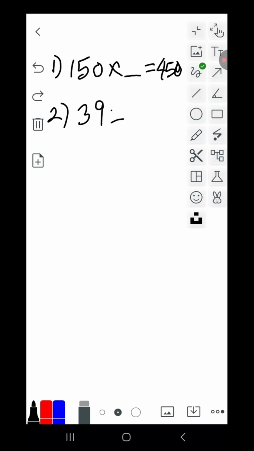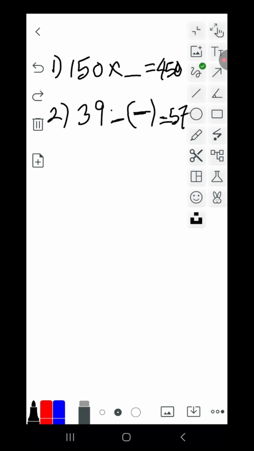I'll put that in brackets so you can see it. Equals, what do you think? Equals, let's say 57. What do you think the answer is going to be?